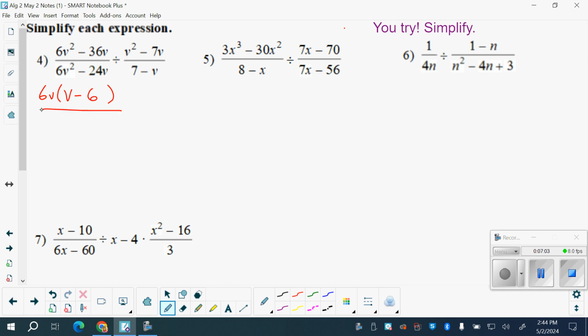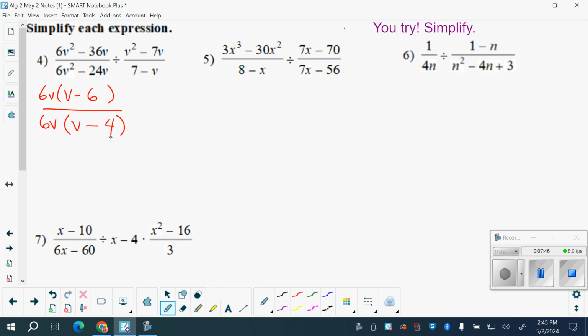Okay, and in the denominator, guys, how would the denominator factor? Any idea, David? Is there a number that's in common in that denominator? So is there anything that goes into both 6 and 24? 6, that's right. Does v go into both of them? Yeah, so it's 6v. And then what goes on the inside of that parentheses? V minus 4.